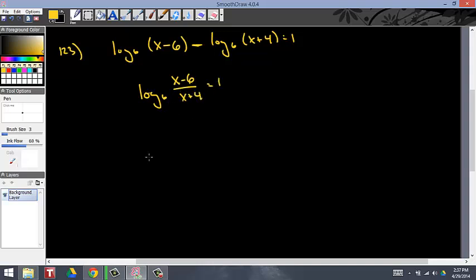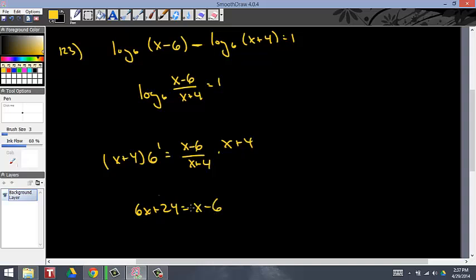And now I'm going to go ahead and change forms to get 6 to the first equals x minus 6 over x plus 4. So I'm going to multiply both sides by x plus 4. So I get 6x plus 24 equals x minus 6. So I'm going to go ahead and subtract x from both sides. Subtract 24. So I've got 5x equals negative 30. So x equals negative 6.